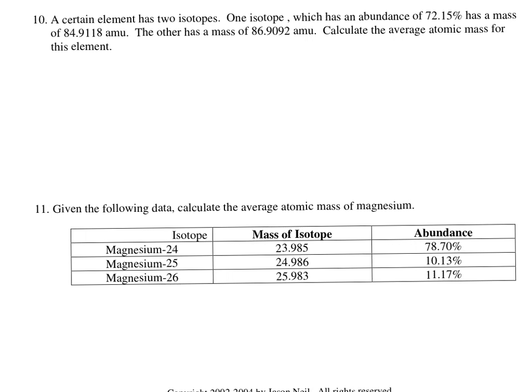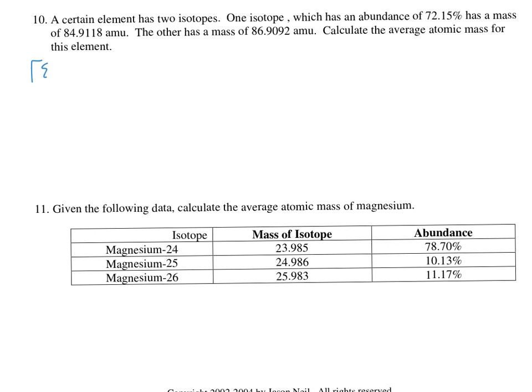Okay, number 10 here says a certain element has 2 isotopes. One of those has an abundance of about 72% with a mass of about 85. The other one has a mass of about 87. Calculate the average mass for this element. Let's say something that we know to be true from these statements.